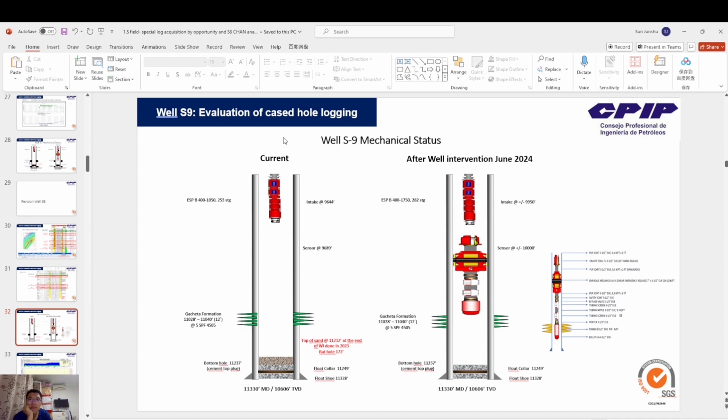This is the S7 mechanical status. The top of the sand at 11,212 feet at the end of last year's work service, with a rat hole 172 feet. This is the proposed intervention.